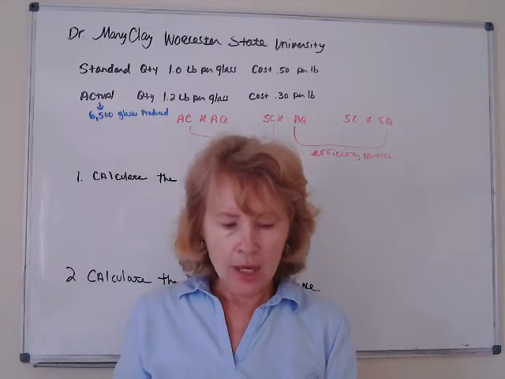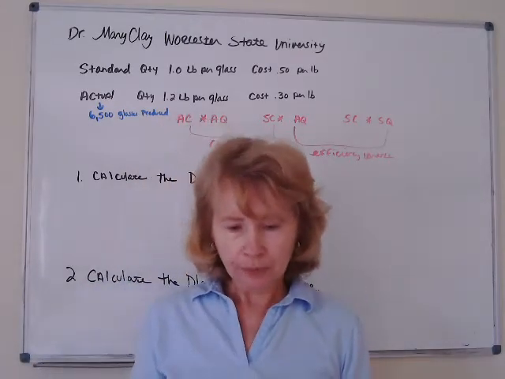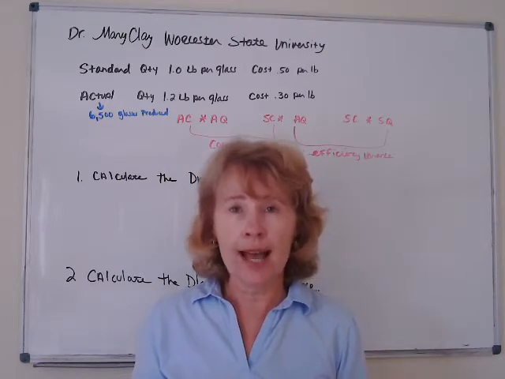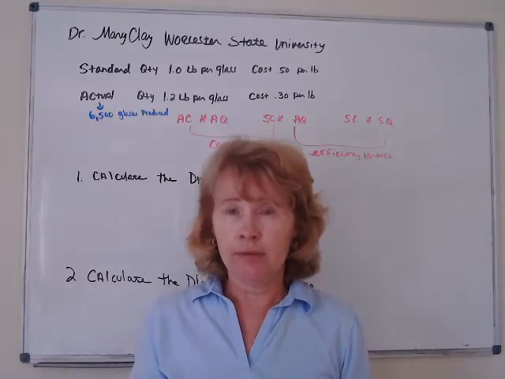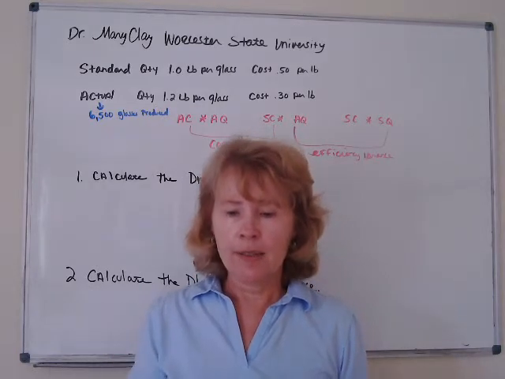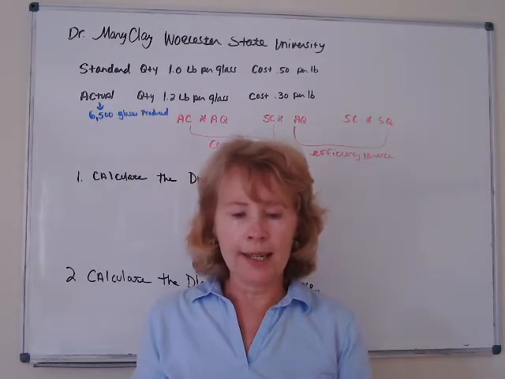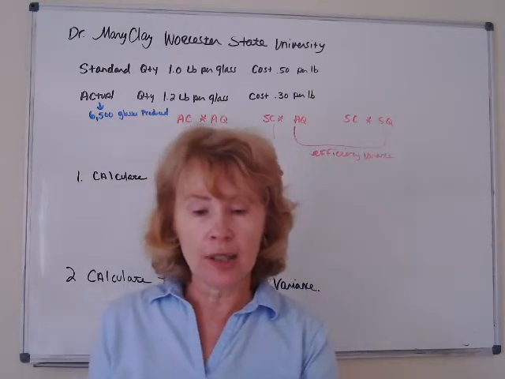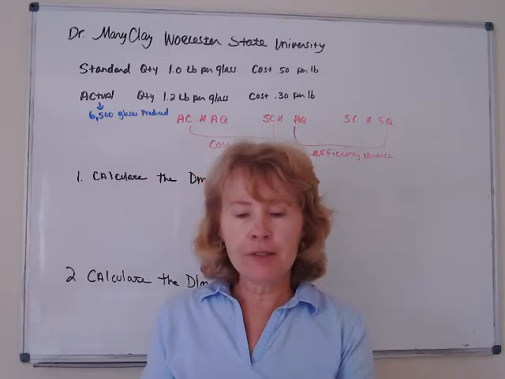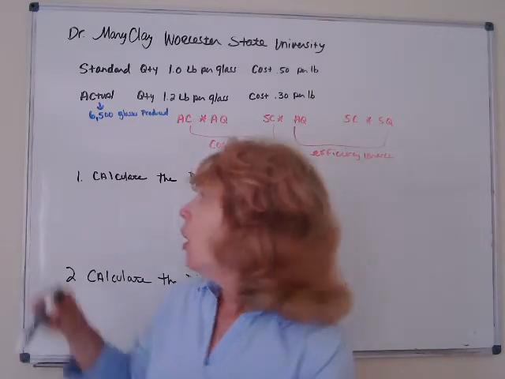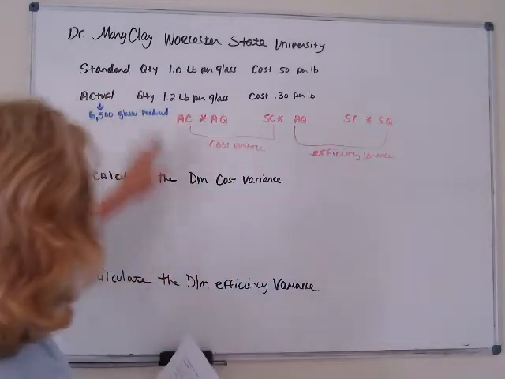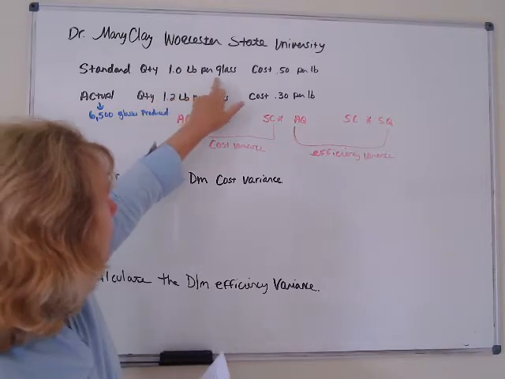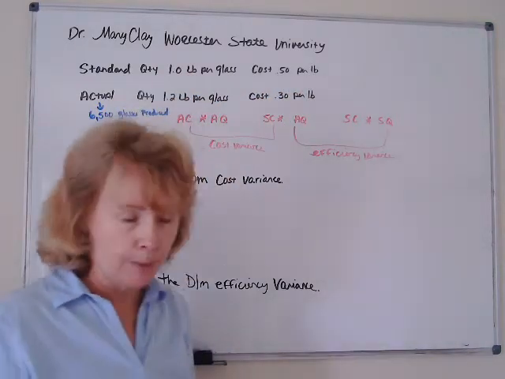All right. Here's the problem that we're going to go over. Martin Incorporated is a manufacturer of lead crystal glasses. The standard, right there, it's telling you the standard. The standard direct materials quantity is 1.0 pound per glass at a cost of 50 cents per pound. When I start problems, I take notes. The standard quantity is 1.0 pound per glass, and the cost is 50 cents per pound.